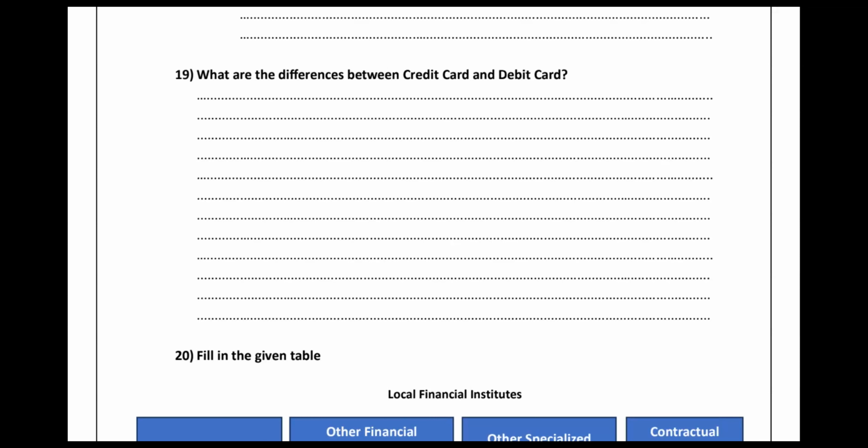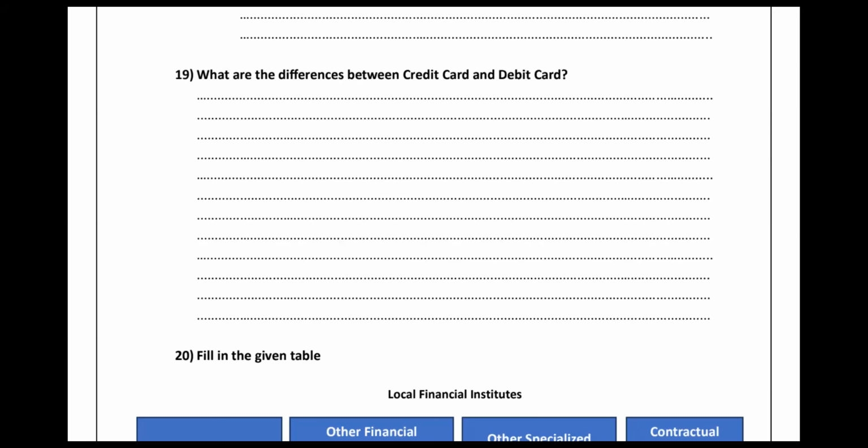The next difference is that a credit card is issued only to fixed income earners, people who have fixed income. A debit card is issued to any account holder.